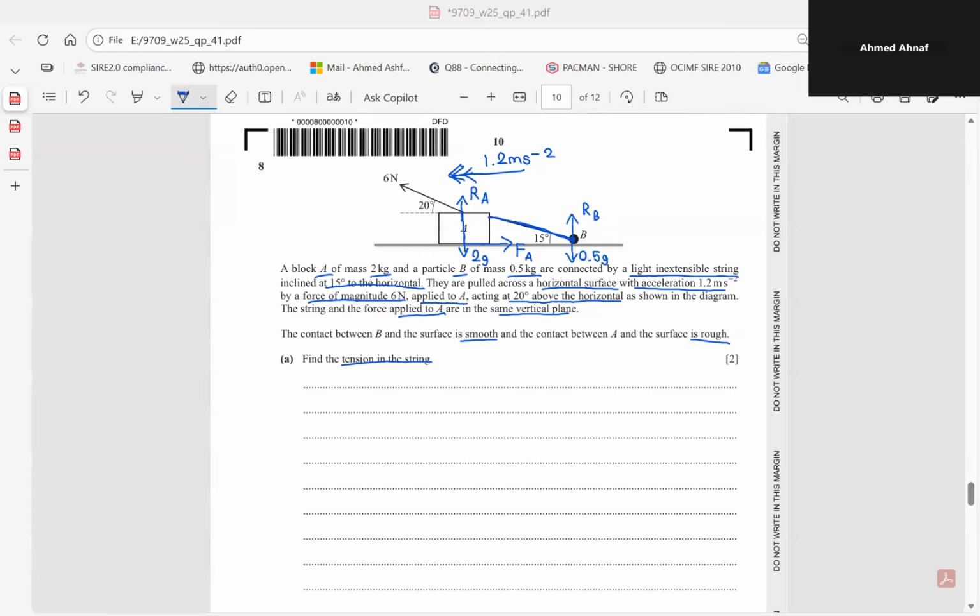Okay, sorry for the delay. So as I was saying, we need to find the tension in the string. Since both of these two particles are connected, there's obviously tension in the string. From the perspective of block A, it's going to be here. So this is T. And from the perspective of block B, it's going to be here.